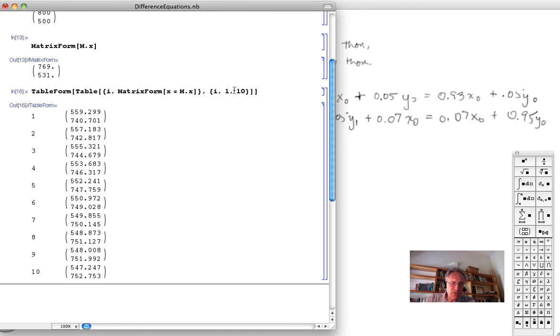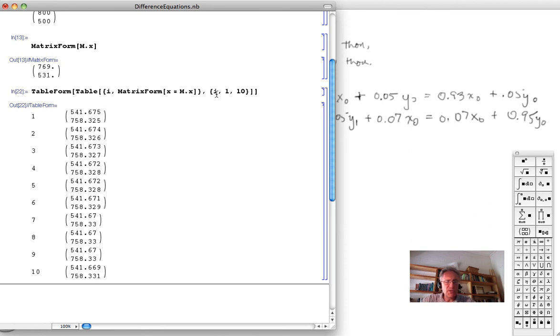Yes, the urban population is going to 547, and your suburban is now 752. Then 543 and 756. Then 542 and 757. Looking at the last value, 541 and 758, and again 541 and 758. Not a lot changing at this point.